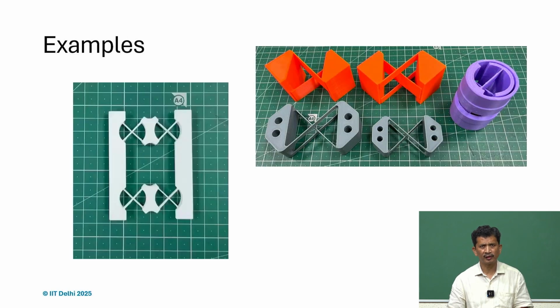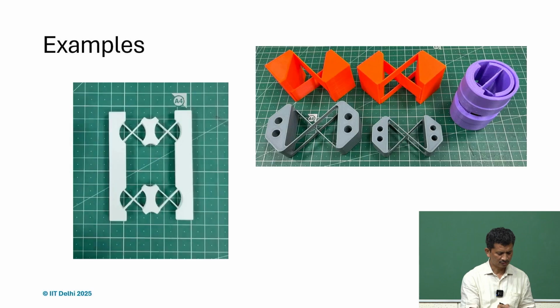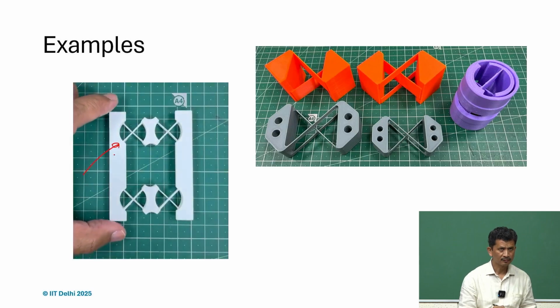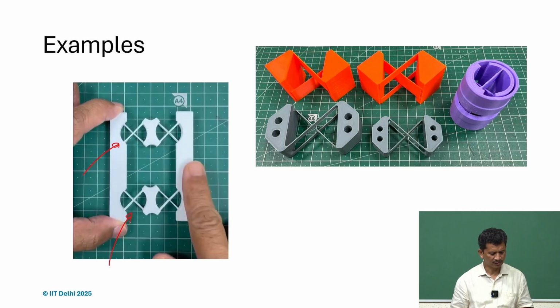So there are some examples here, and one can see that. Here if you see the flexures, these are the cross flexures you see here.